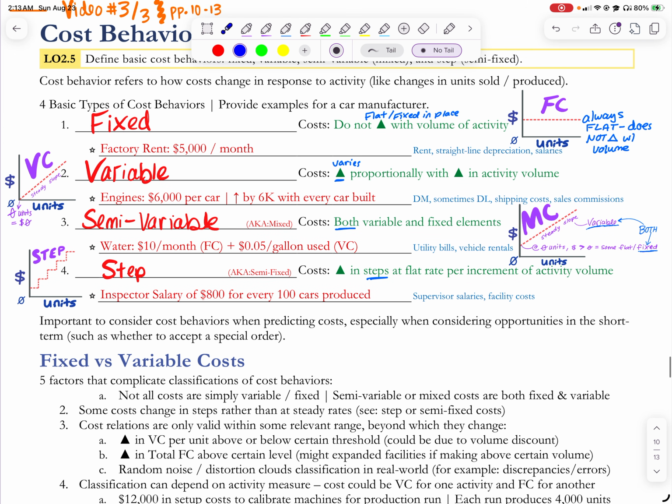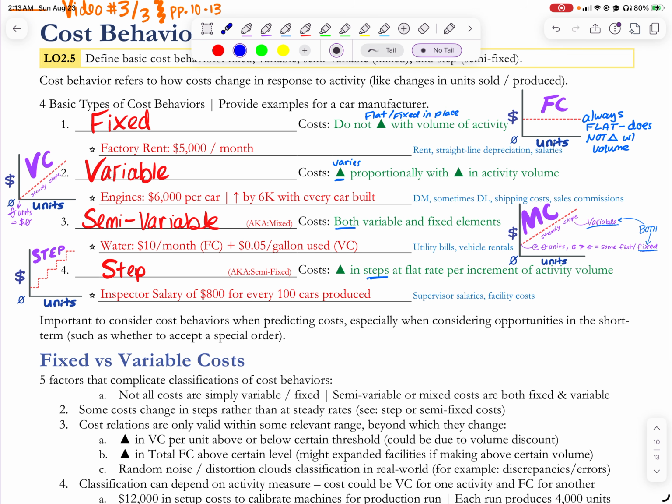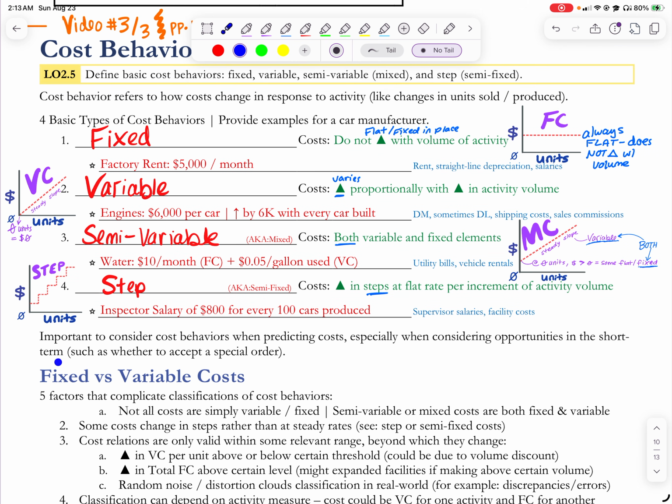You want to consider these cost behaviors when you're predicting cost, especially when considering short-term opportunities in the future, like whether or not to accept a special order in a period. You're unlikely to be able to avoid those fixed costs.